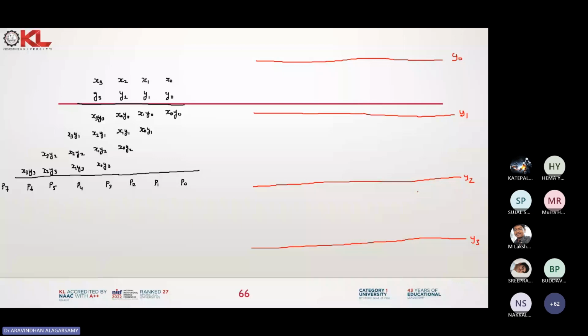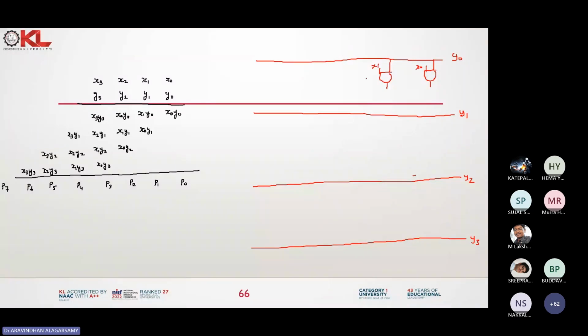So we can say x0 multiplied with y0, x0, y0. Okay, then what is available? x1. Tell me the logic. x1, y0. Yes or no?